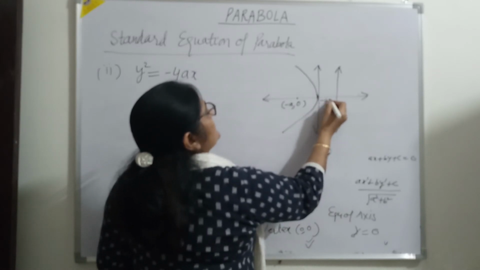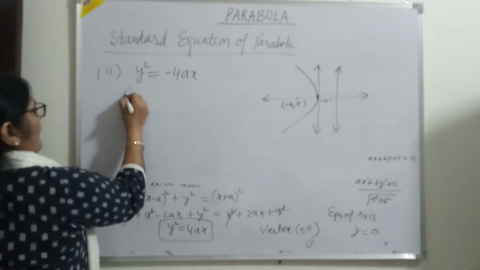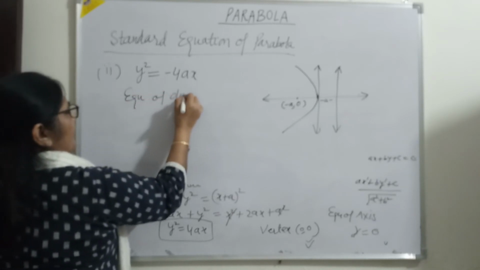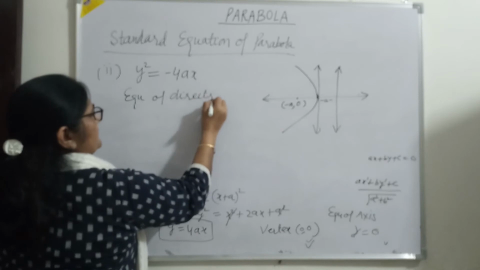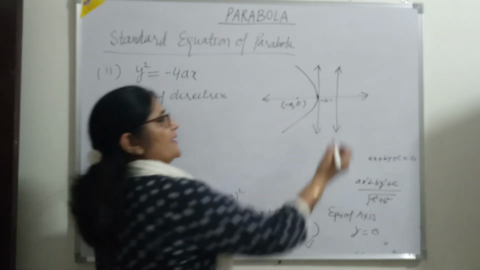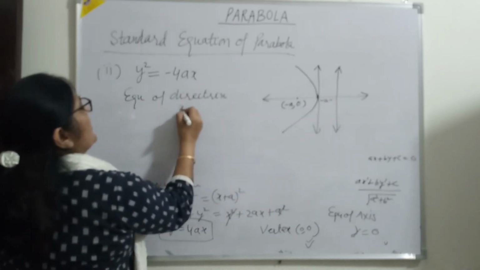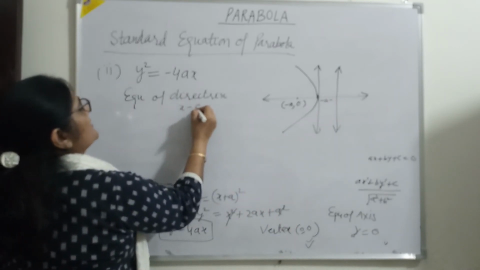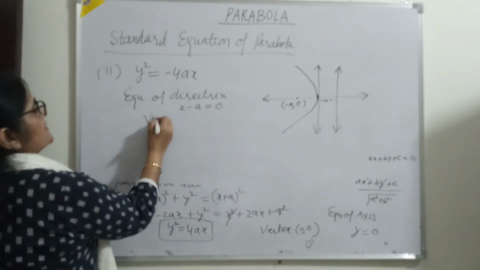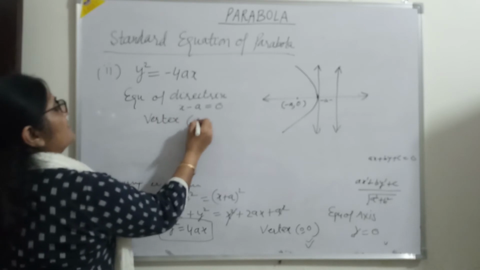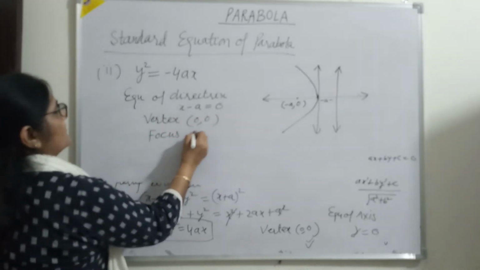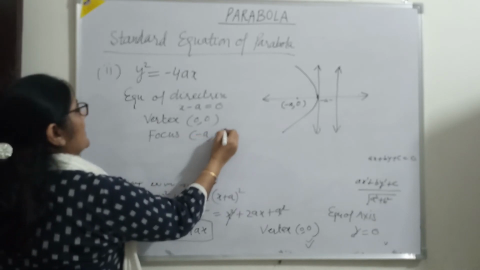The equation of the directrix is parallel to the y-axis at a distance a, so x = a, or x − a = 0. The vertex is at (0, 0) and the focus is on the left side at (−a, 0).